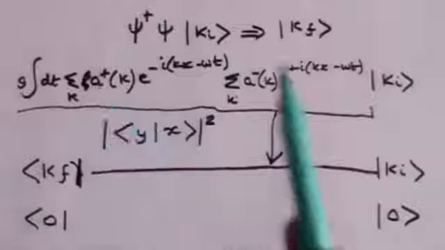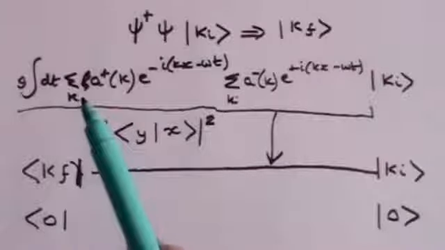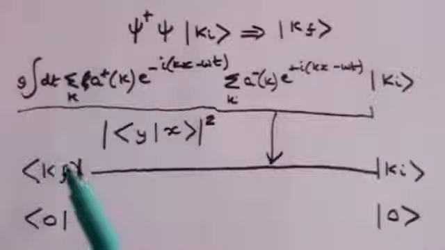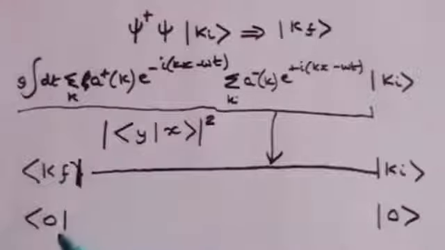A plus, of course, acting on a ket vector will produce a particle, but A plus acting backwards on the bra vector we showed produces the vacuum. So now we've got the inner product of the vacuum with the vacuum, and the inner product of anything with itself is equal to 1. So this inner product is simply going to be equal to 1, and we can therefore largely discard it.